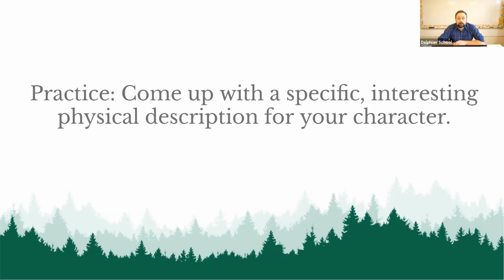Or does the character have a warm, sunny smile and bright green lipstick all the time? Does the character always wear a giant cowboy hat, even in the middle of a movie theater? Describe as much as you want, but come up with a description that would really make your character stand out and help the reader remember them.